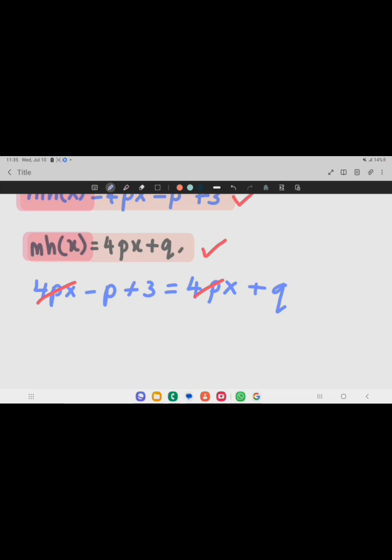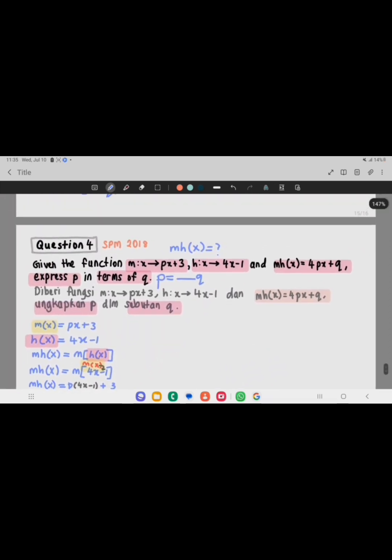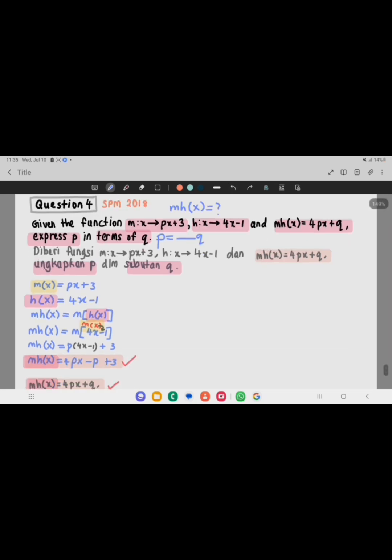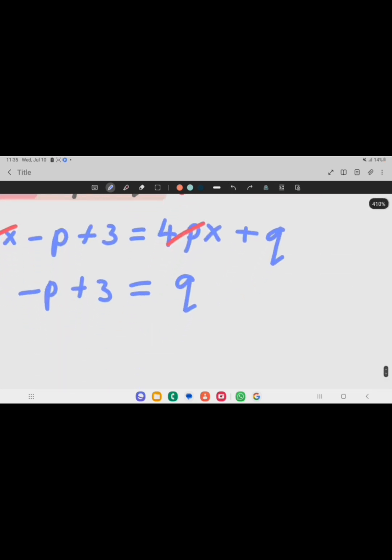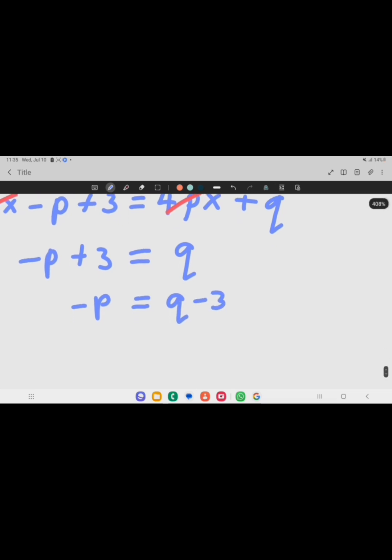So you can actually cancel them. Once you have cancelled them, the remaining is -p + 3 = q. Again read the question. The question wants you to express p in terms of q. So p must be the subject. So -p = q - 3. But we don't want negative p, we want p in terms of q. So you have to move the negative to that side.